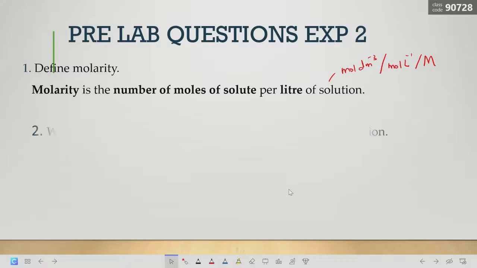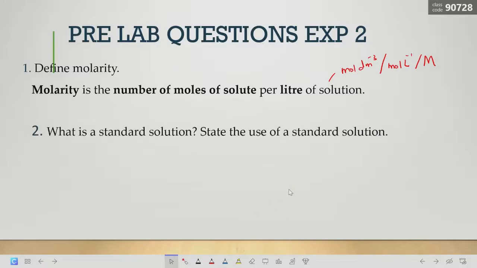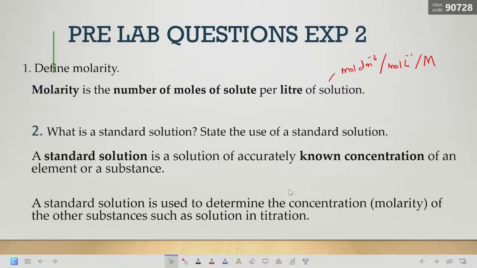Okay, so what is the standard solution? The standard solution is a solution of accurately known concentration of an element or a substance. So this we call a known concentration, we call it a standard solution. State the use of the standard solution. So apa dia punya use atau kegunaan standard solution ni?